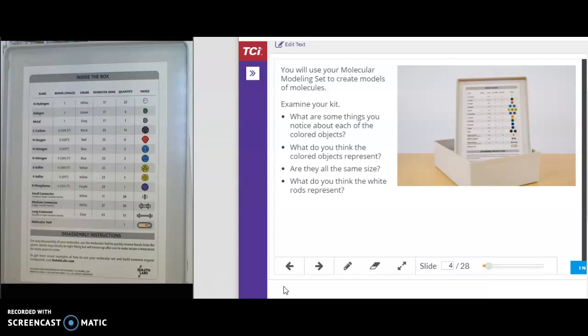Let's pay attention to the color and the size of the different colored objects. So we're going to be making some qualitative observations of the different pieces in this modeling kit. And we're also going to see some rods and sticks and look at those too, if they're different colors or different maybe shapes, different lengths. Okay, so let's go ahead and take a minute and do that.